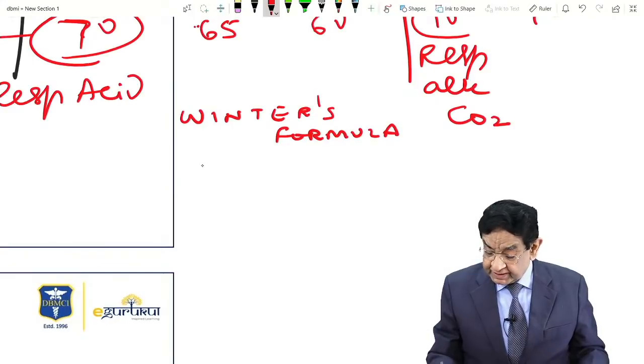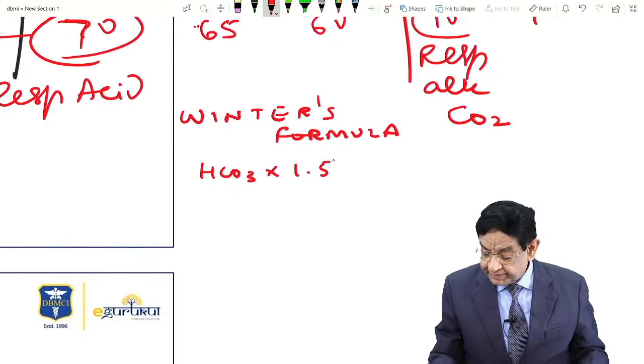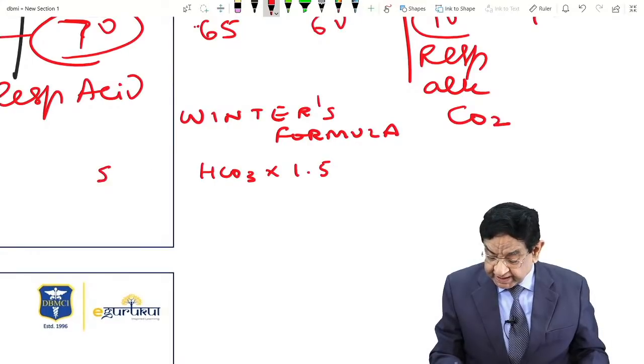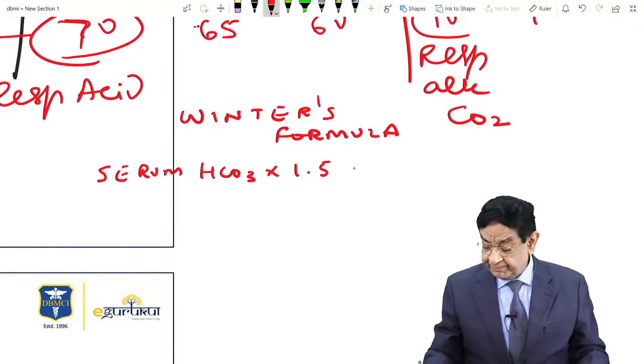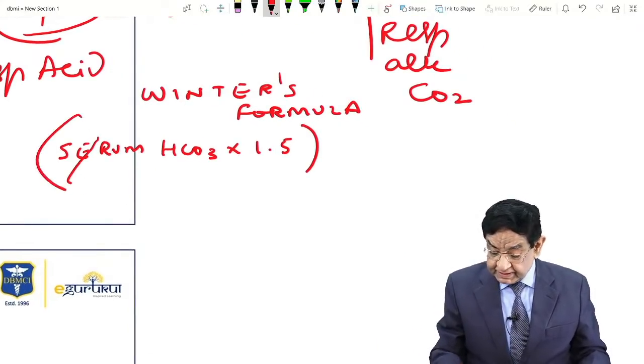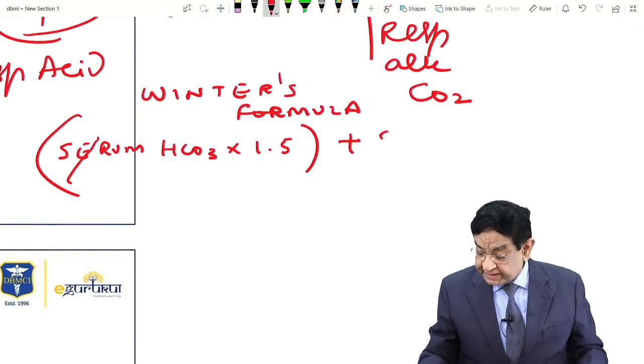So friends, we take the bicarbonate level, the serum bicarbonate, and multiply by 1.5. When I say bicarb, I mean serum bicarbonate. After that, plus 8, plus or minus 2.